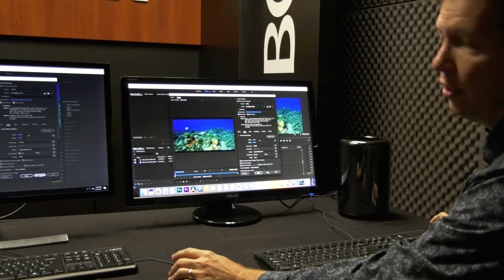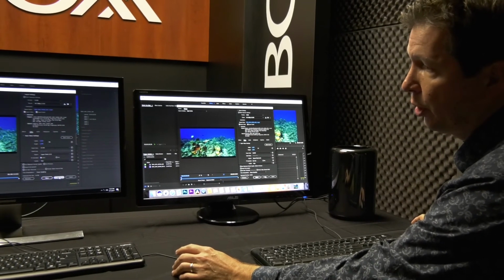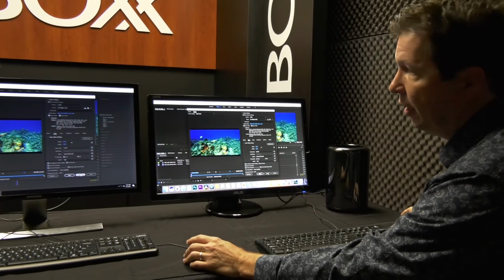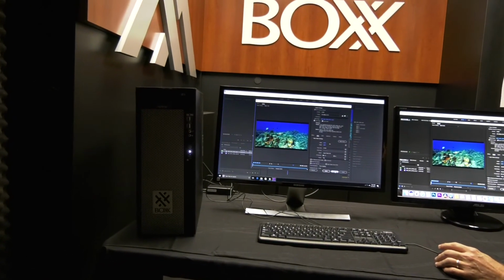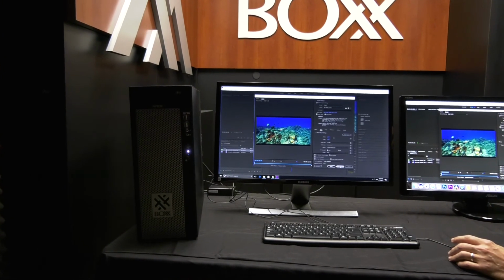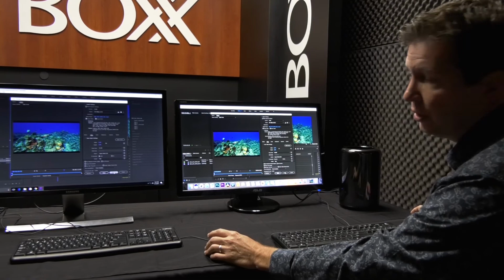Now let's look at exporting footage from Premiere. We have the same red clip that we were working with before. And on the left-hand side, I've got my BOXX APEXX 4, which will be using NVIDIA CUDA acceleration. And on the right is the Mac Pro, which will be using OpenCL.